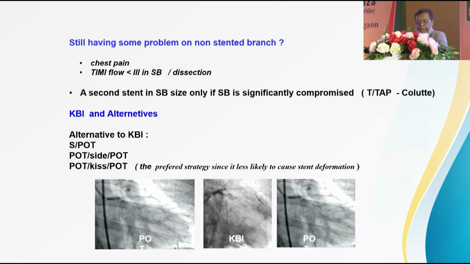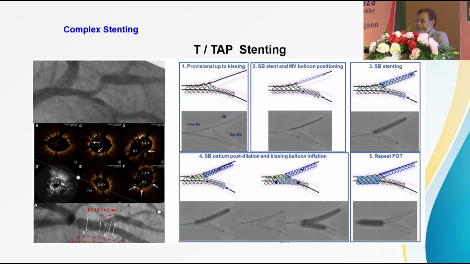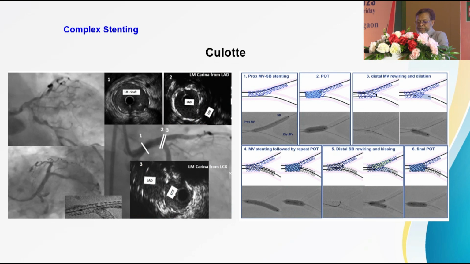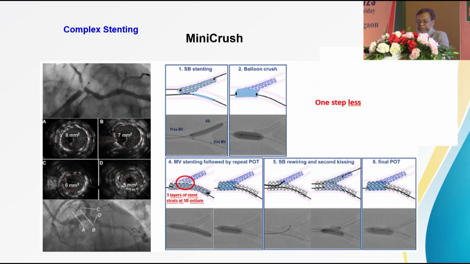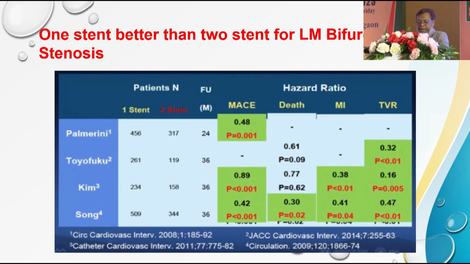If you do not stent the side branch but KBI has been done, and there is still some problem in the non-stented branch, with chest discomfort and impaired TIMI flow, a second stent to the side branch will be considered. And these are the different steps of complex stenting: TAP stenting, culotte stenting, DK crush stenting.